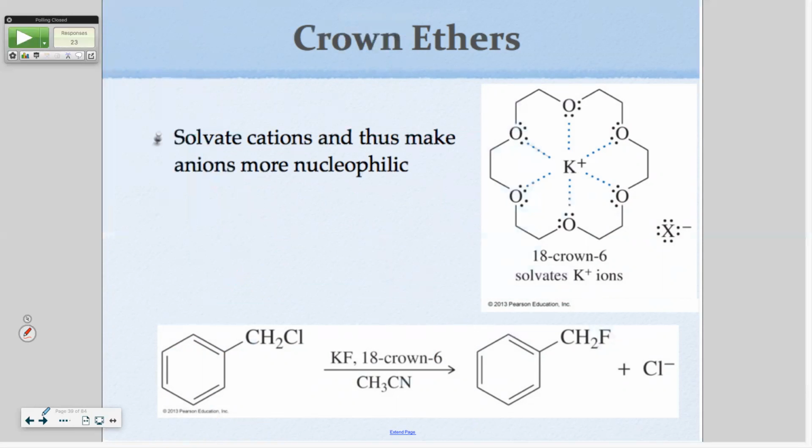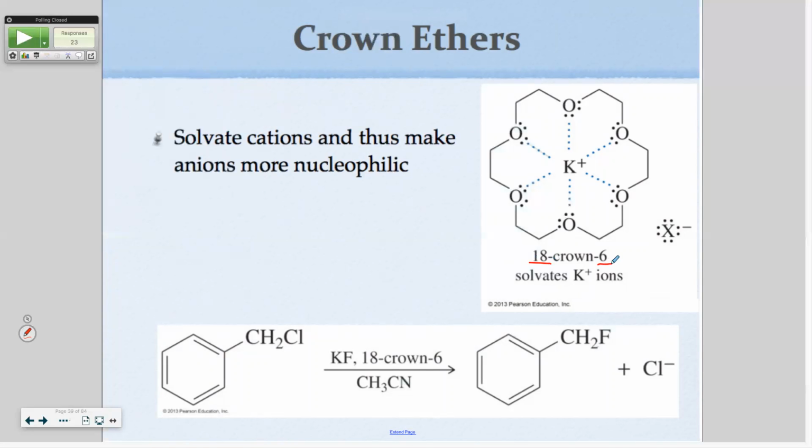A crown ether has all these oxygens in a ring with carbon atoms, kind of repeating. This one is called 18-crown-6. There are 18 atoms in the whole ring, and how many oxygens? 6. They're always arranged evenly.